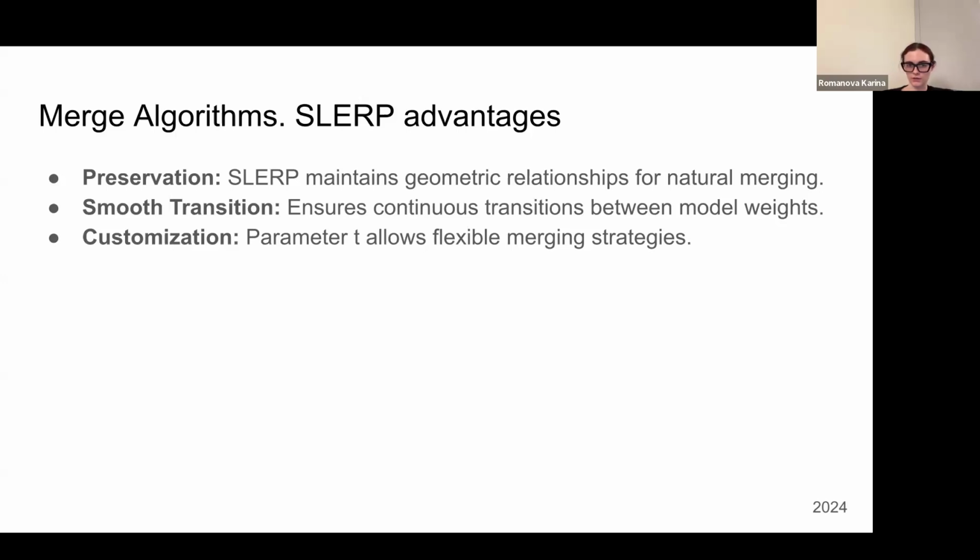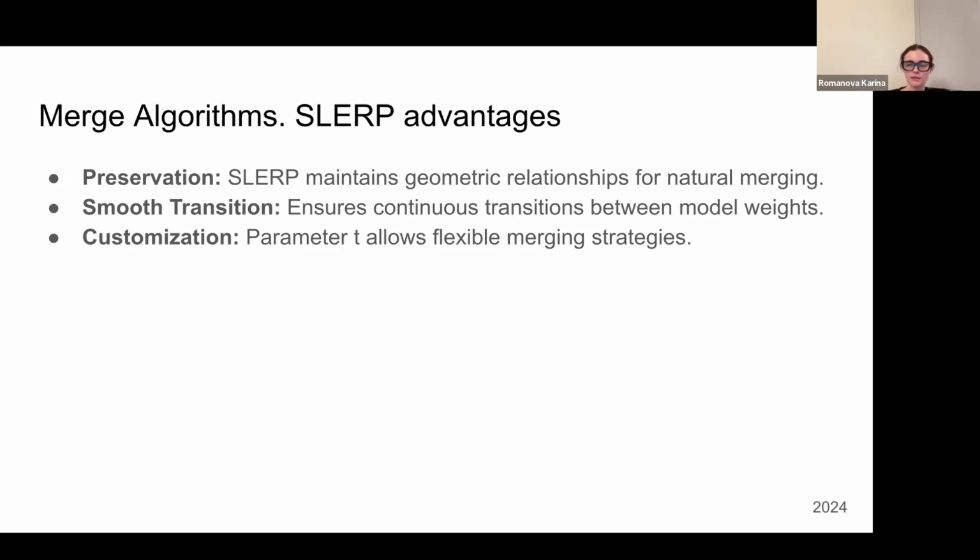Advantages of SLERP: it offers several significant advantages over linear interpolation methods. Firstly, it preserves the geometric relationships between parameter vectors by interpolating along the shortest path of the hypersphere. This preservation is crucial in maintaining the integrity of the model's learned representations, ensuring that the merged model retains the nuanced behaviors of the original models.